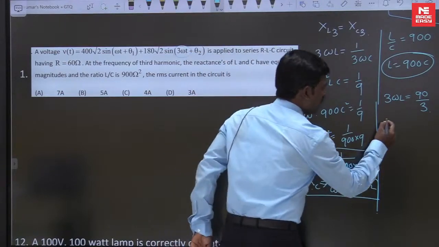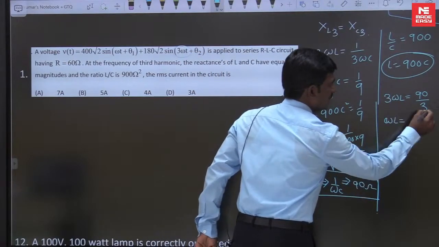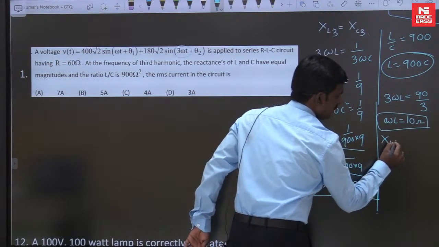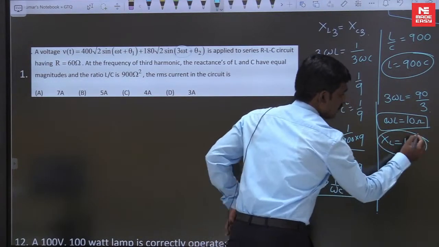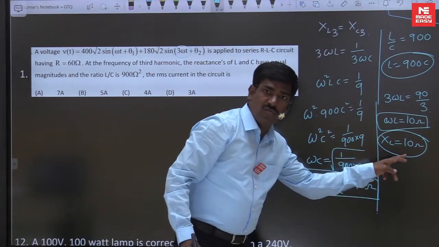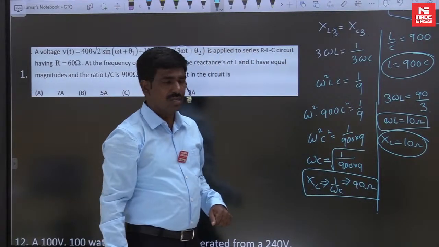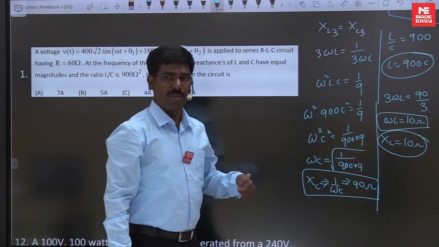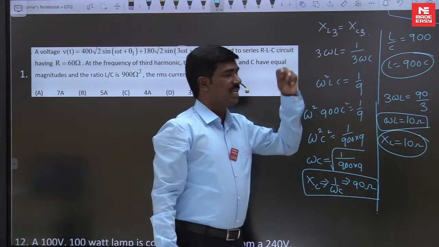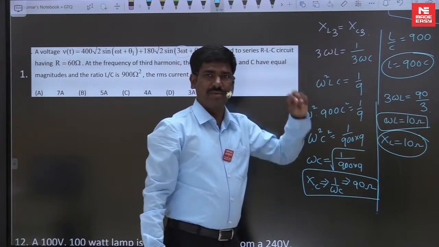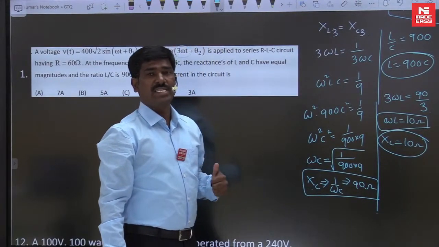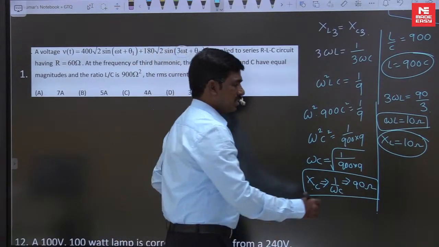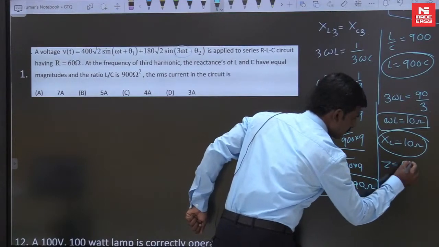So the omega L value is how much? 90 by 3 is 30... the XL value is 10 ohms when worked out as above. Both are equal whenever omega is equal to 3 omega. When XL3 is equal to XC3, both are equal, which means the impedance of the circuit is just Z equal to R.